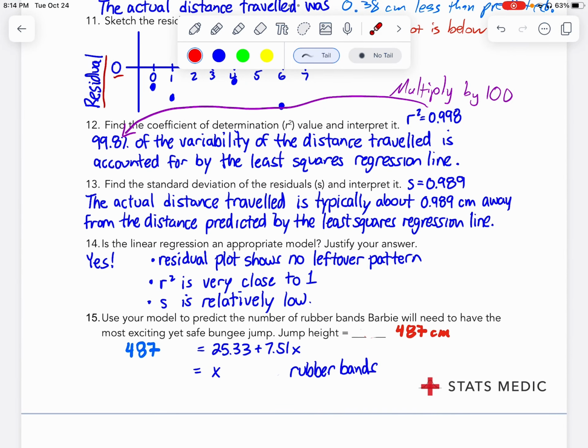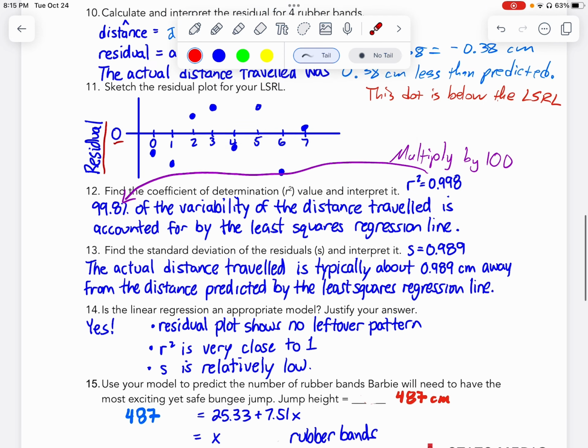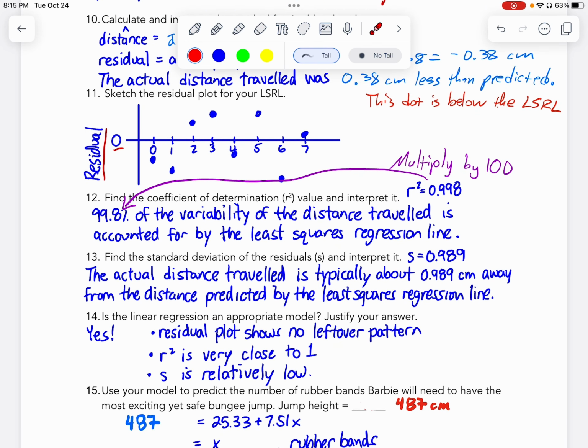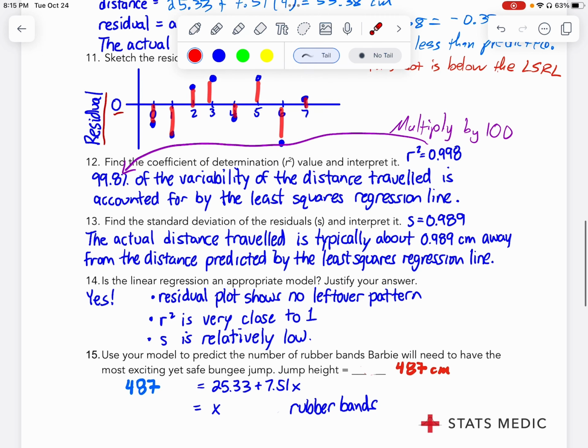Okay, and this is just a definition of what does that mean? The easiest way I can say it is it's the average distance these dots are from 0. It's the average residual. It is meaning the actual distance traveled is on average about 0.989 centimeters away from what we predicted it to be.